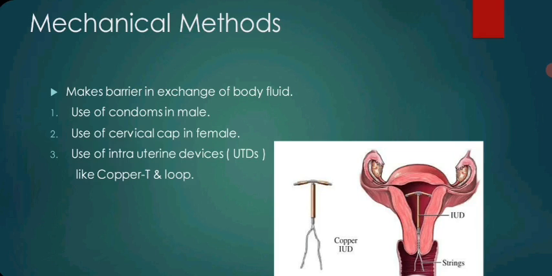Copper T or loop is introduced in the uterus of the female, and it causes more and more secretion of mucus, and that mucus deposits in the cervix of the uterus. This deposition of mucus doesn't let the sperms enter into the uterus, and that's how it prevents the sperm from fertilizing the ovum, and hence it prevents pregnancy.